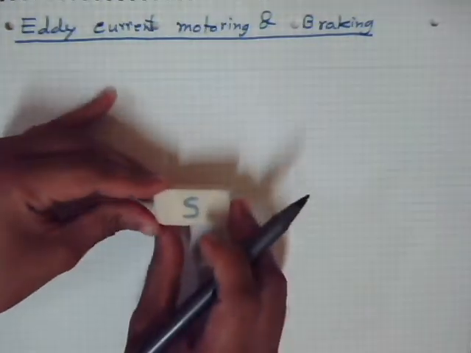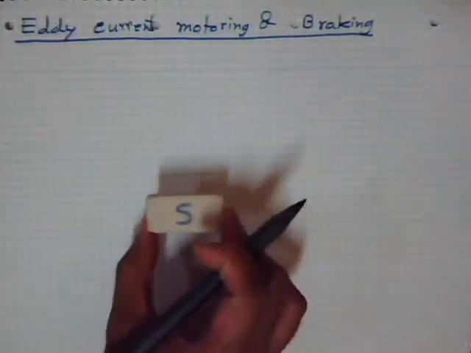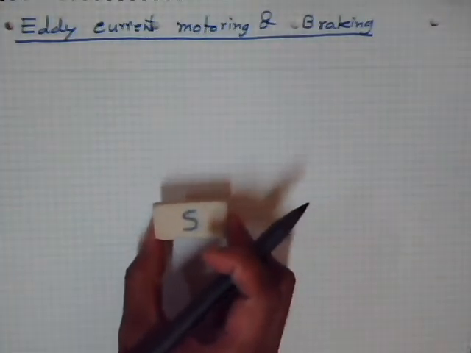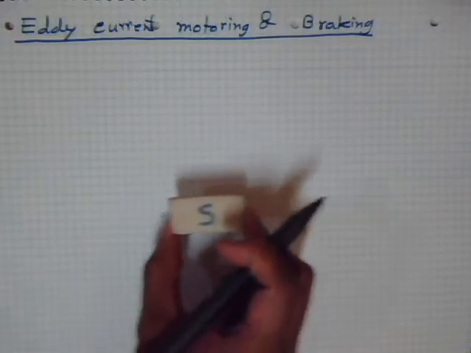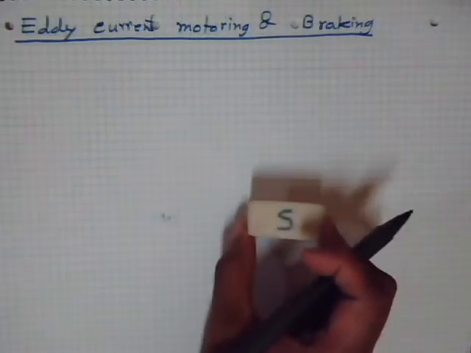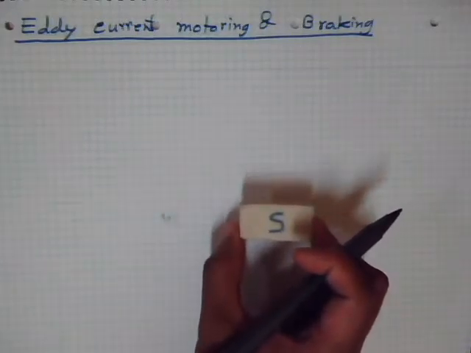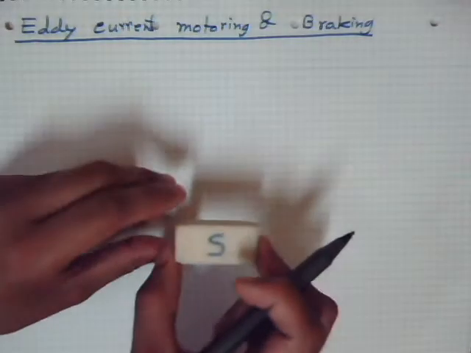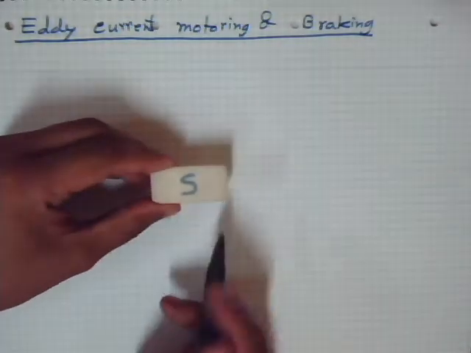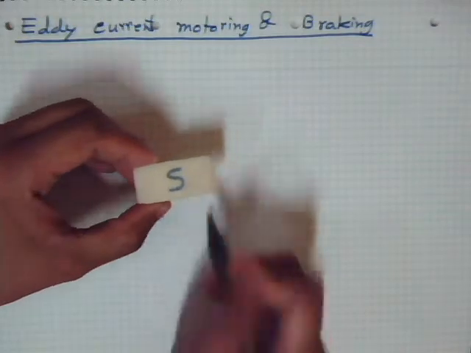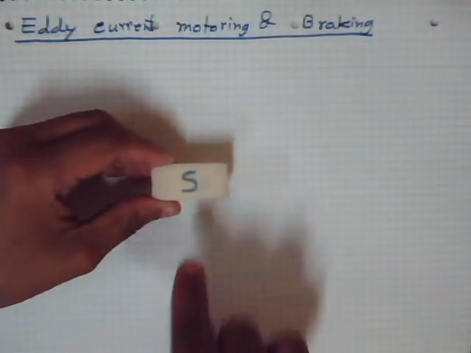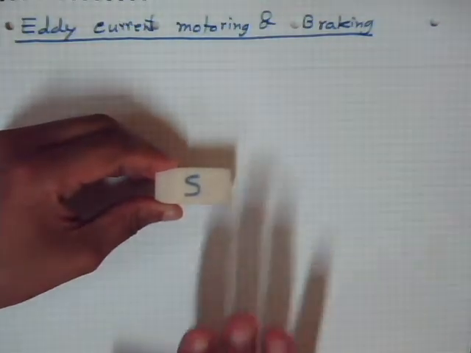Now I am going to slide this magnet over this metal sheet without touching the metal sheet, and analyze what's going to happen. The direction of flux here once again is downwards and perpendicular to this sheet.